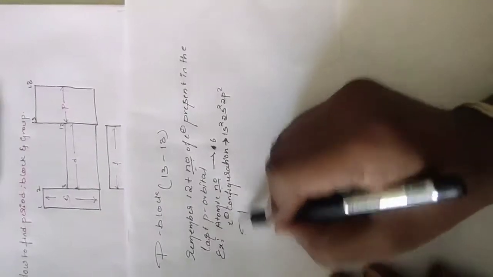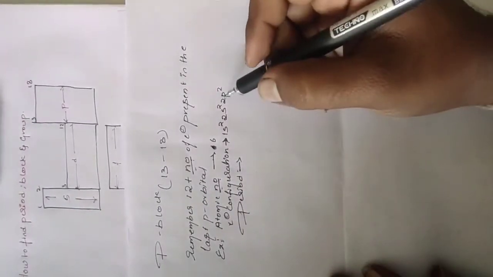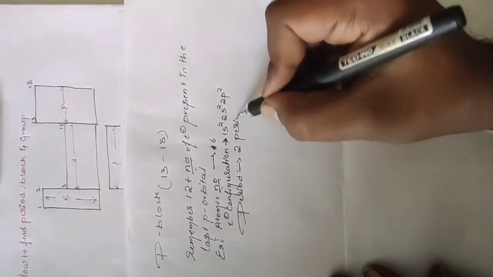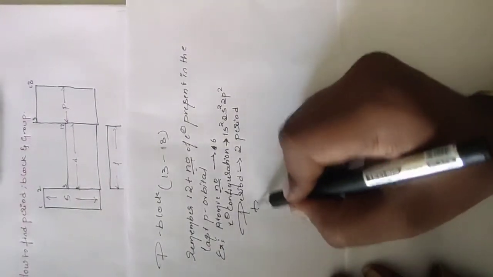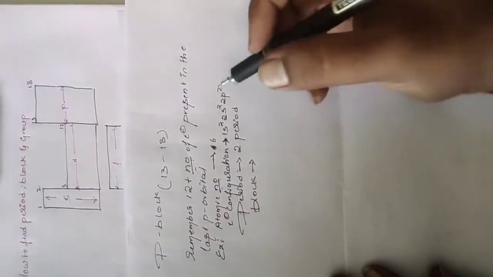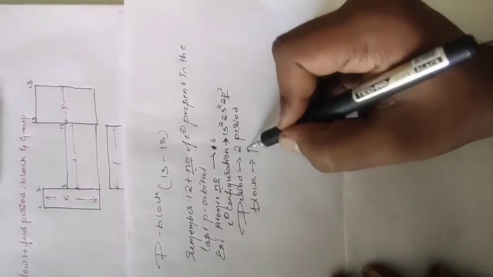Correct? The period is decided by the highest n, it is the second period. Block, which block does it belong to? The last subshell is p only, so it is the p block.